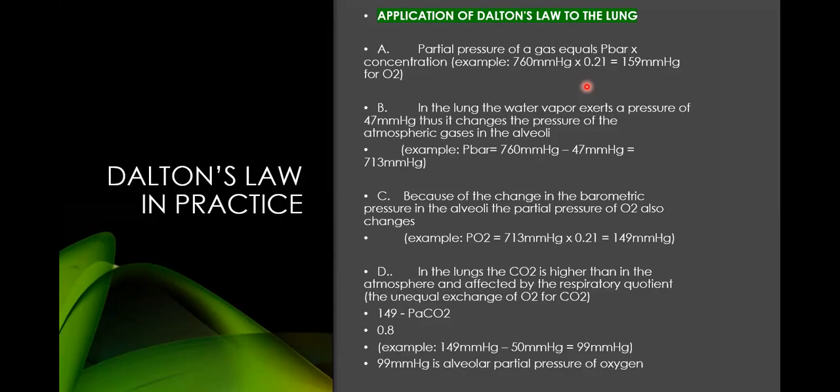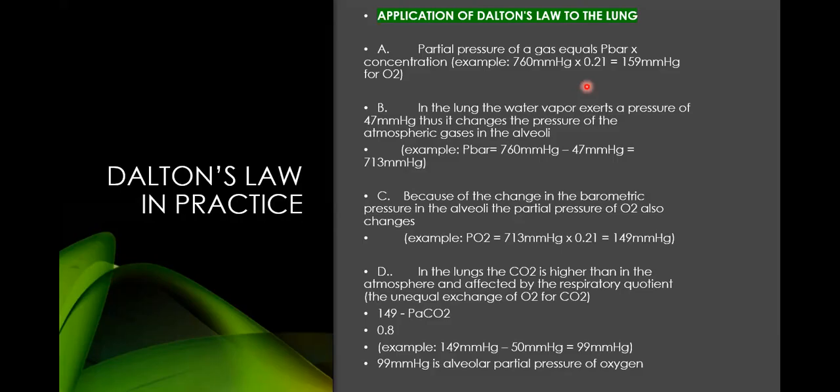So now PO2 is 713 times 0.21, right? Because, listen up, at first to find the pressure of oxygen in the atmosphere, we had to say 760 times 0.21. But now we took out the water pressure from that, and that left us with 713.